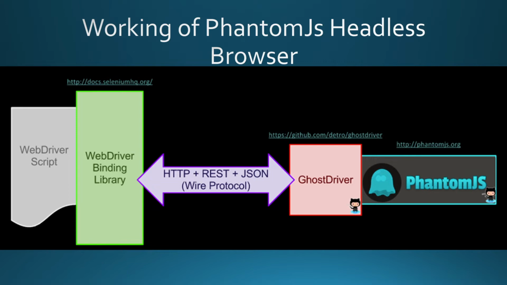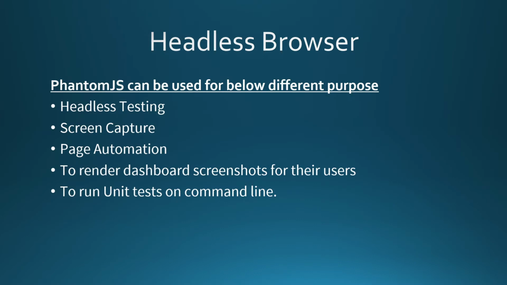Okay, based upon the request we are sending, PhantomJS will give the response from that particular server. Okay, we send a request with the help of Ghost Driver, then Ghost Driver sends it to PhantomJS, which gives you the response from that particular server. So here also we can use various different approaches.